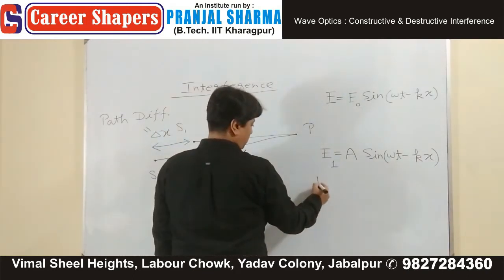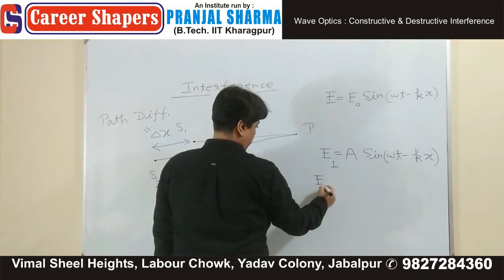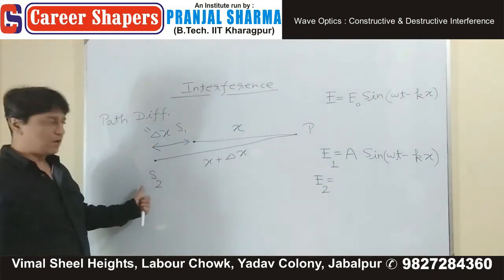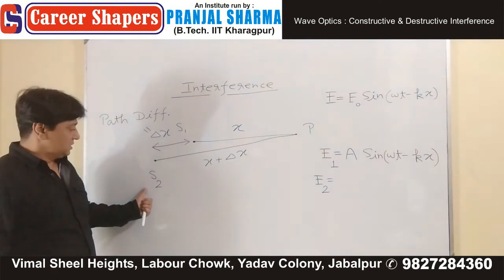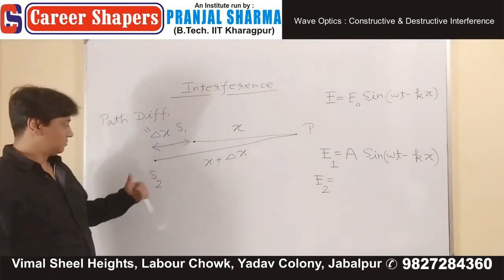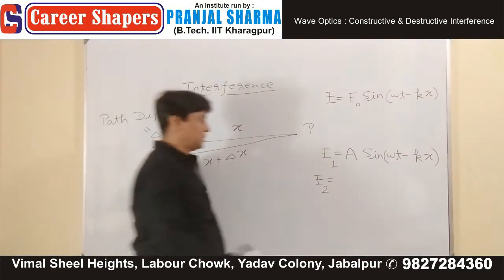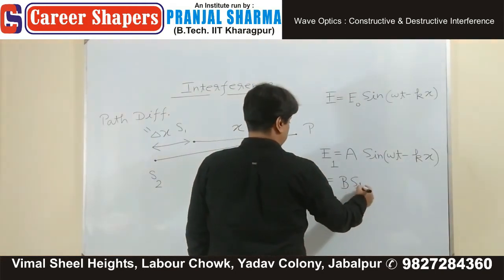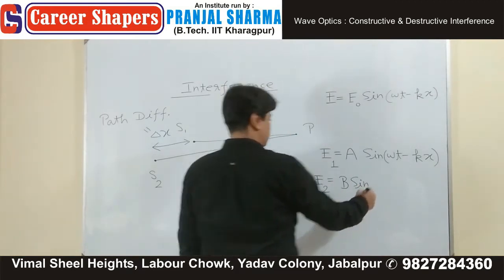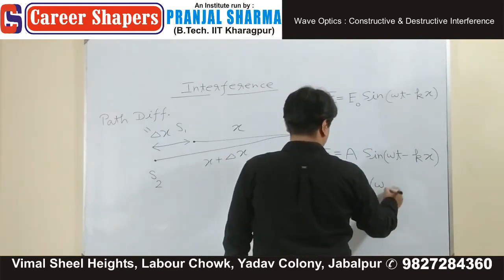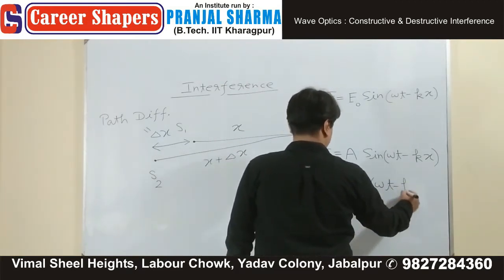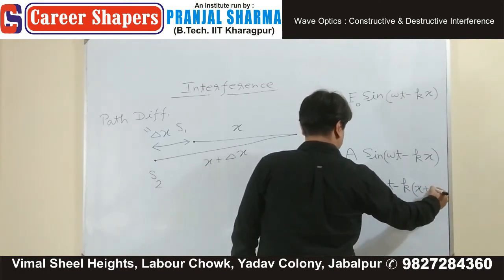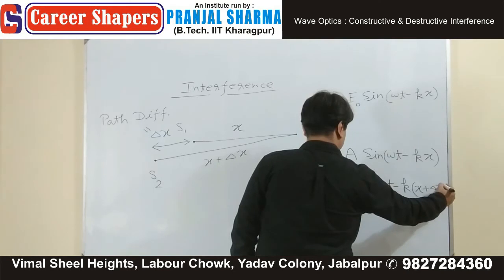If we go for the equation of the light wave coming from the second source, S2, then its equation is B sine omega t minus k times x plus delta x.